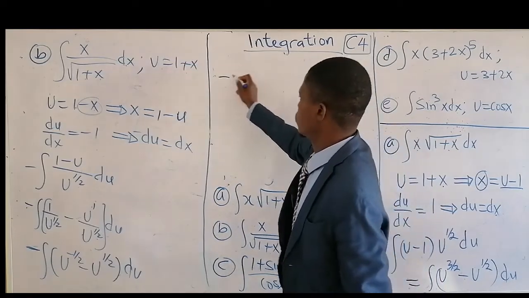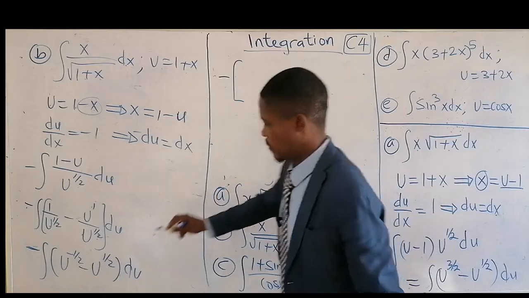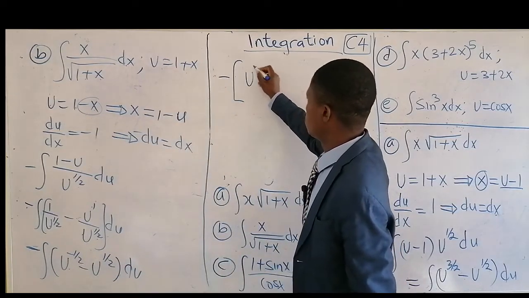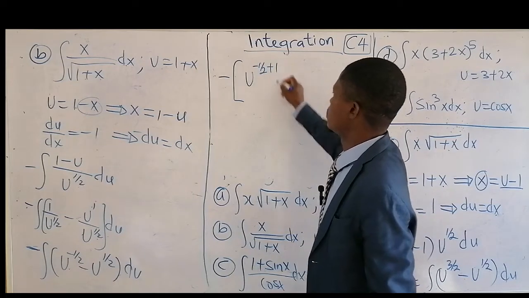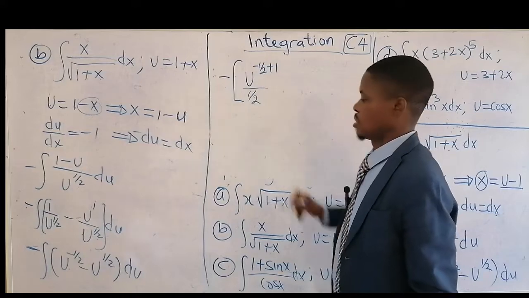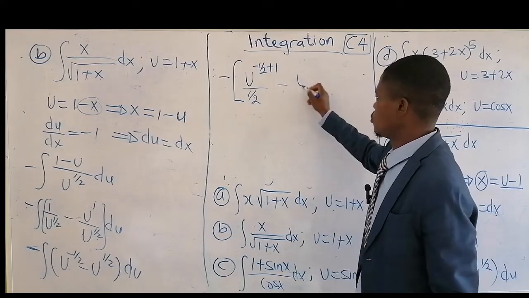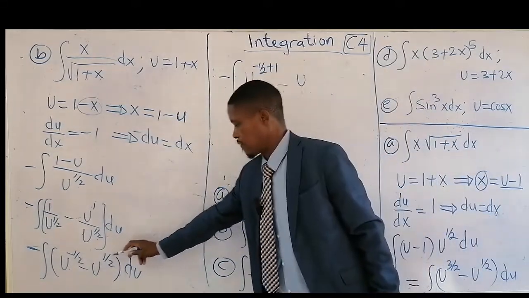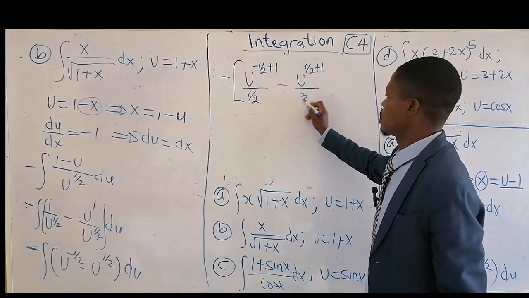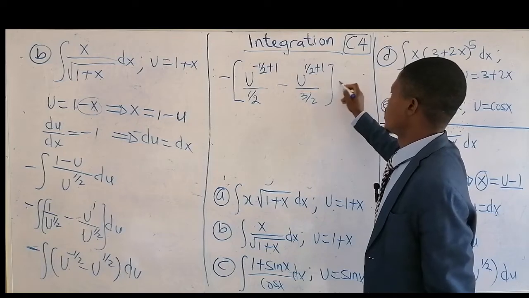So we now have minus the integral of this one, which is u to the power minus half plus 1, minus half plus 1 is half, over 1 over 2. Then minus u to the power half plus 1, half plus 1 is 3 over 2, over 3 over 2. Close that, then plus c.